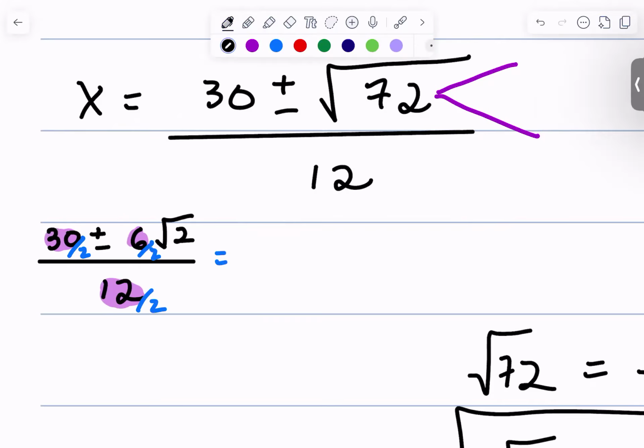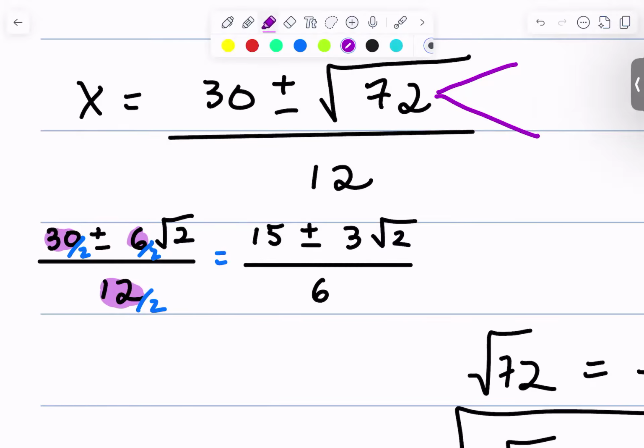Then we get 15 plus or minus 3 square root of 2 over 6. Now again, look at this number, look at this number, and look at this number. Is there a GCF? 3. Yeah.